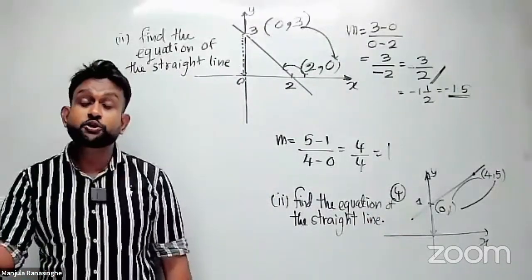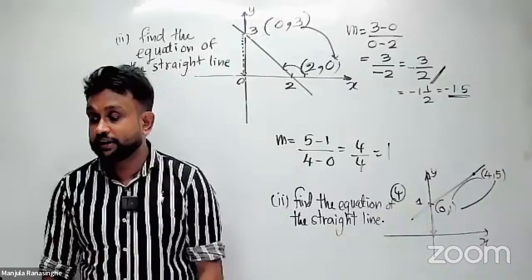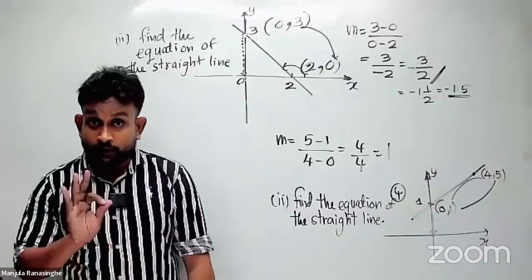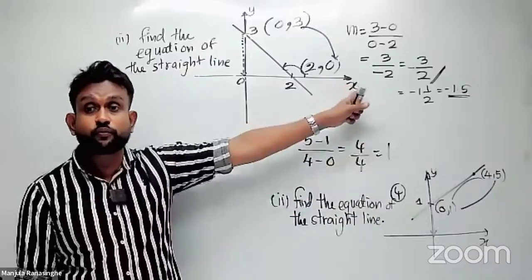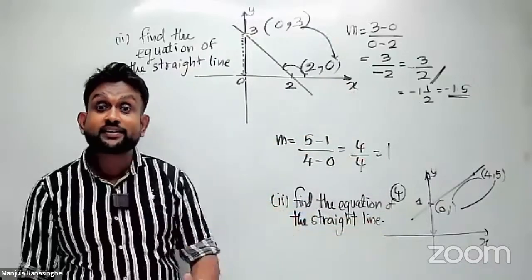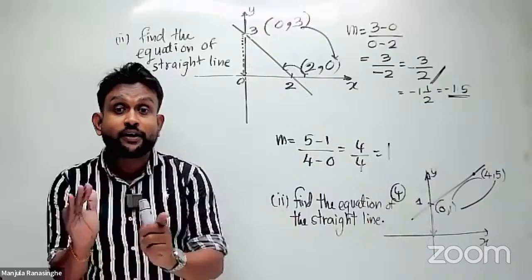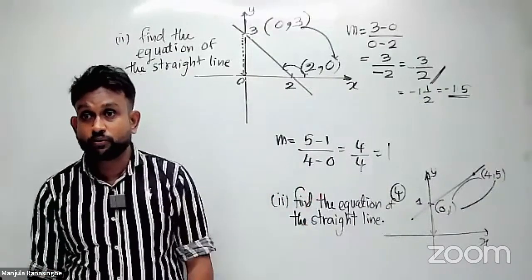Right. To find the equation, we require two things. What are they? The gradient and the intercept. Gradient is found for both. Then check the intercept by looking into the graph and write the equation. Try to get the answer.